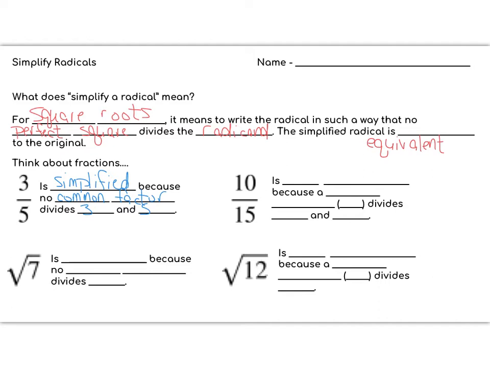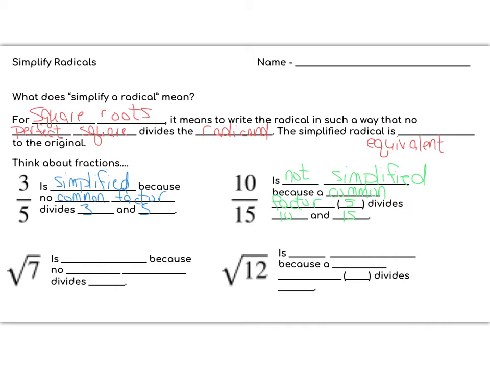But 10/15 is not simplified because a common factor, and that factor is 5, divides 10 and 15. So since something besides 1 goes into 10 and 15, that will simplify.